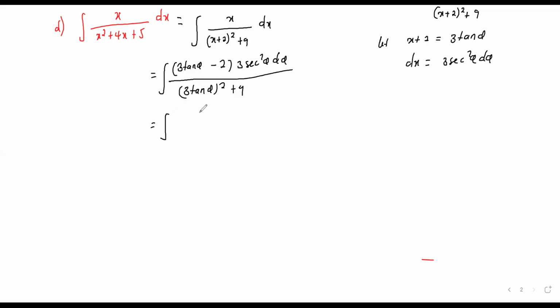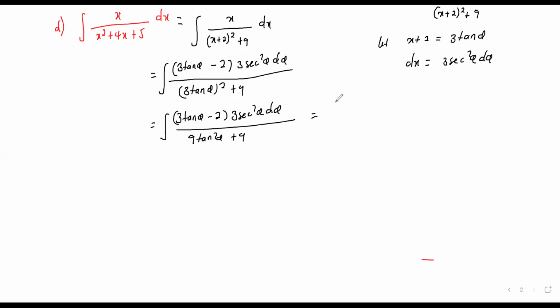Before we do anything, we can just write it the way it is. So we have 3 sec squared theta d theta over, this becomes 9 tan squared theta plus 9.